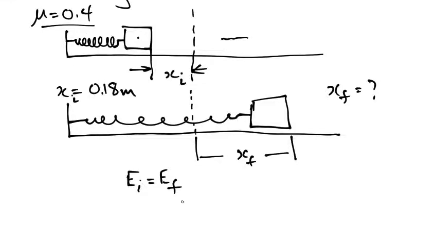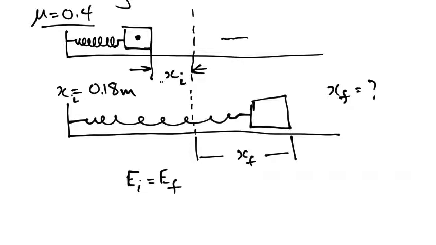So let's write down what types of energies we have initially. There is no gravitational potential energy either in the initial state or in the final state, because it's all at the same height. Do we have any kinetic energy in the initial state? Well, no, because at this location we've compressed it, but it's at a stop.